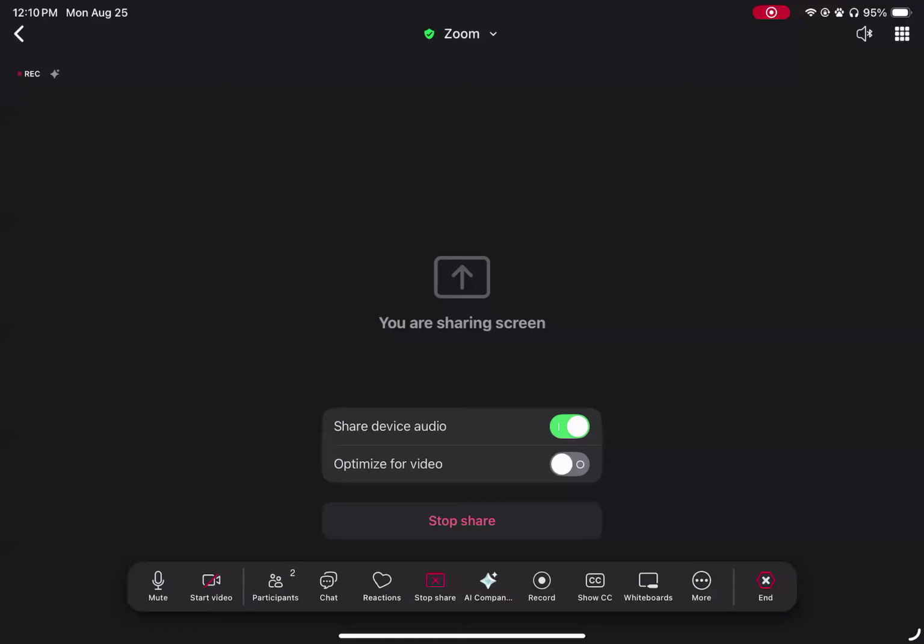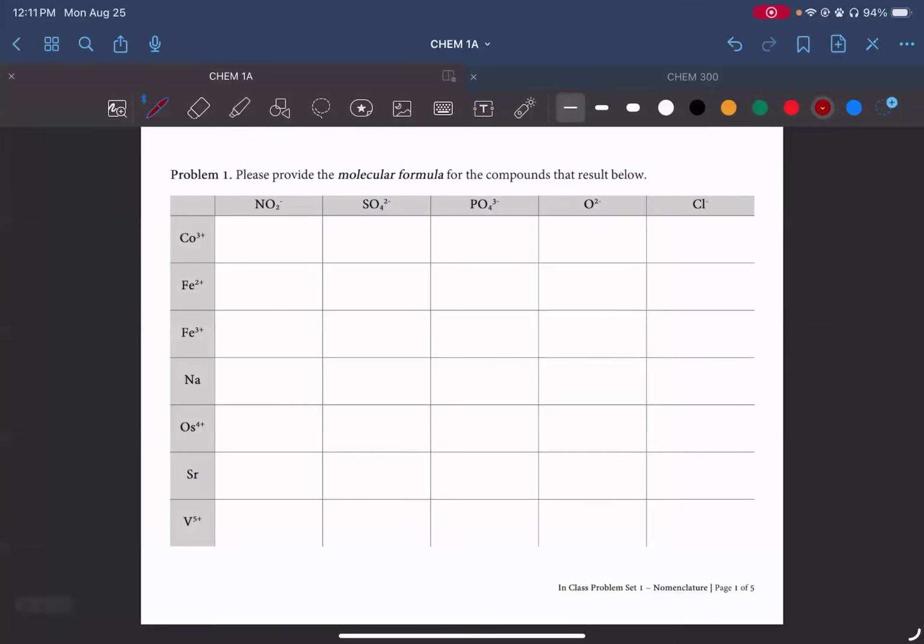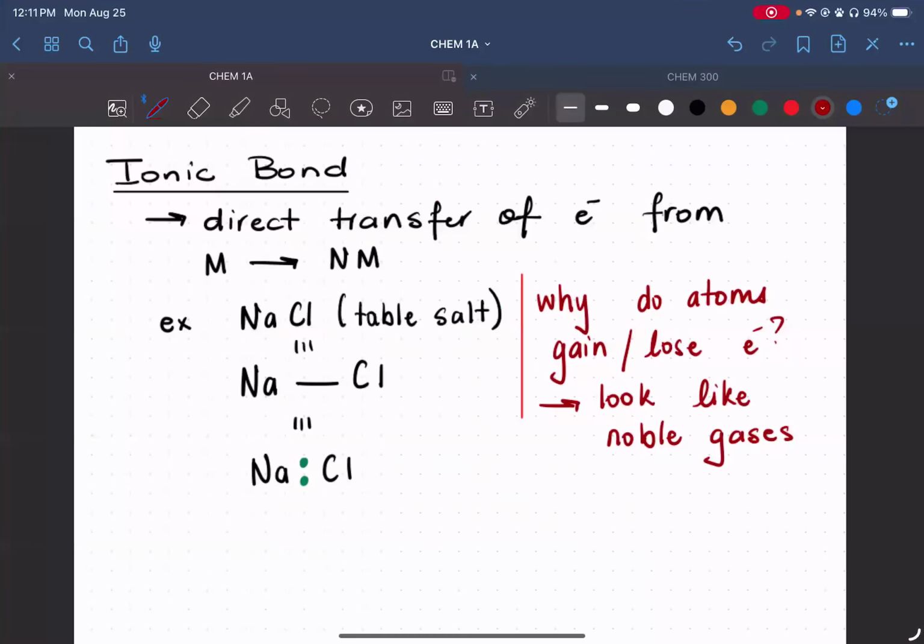Okay, that's weird. Stop sharing. Okay, all right, it just loaded. Great. Let me try this once again. Go to application. Okay, that seems to have done it. Great. Okay, we're back.